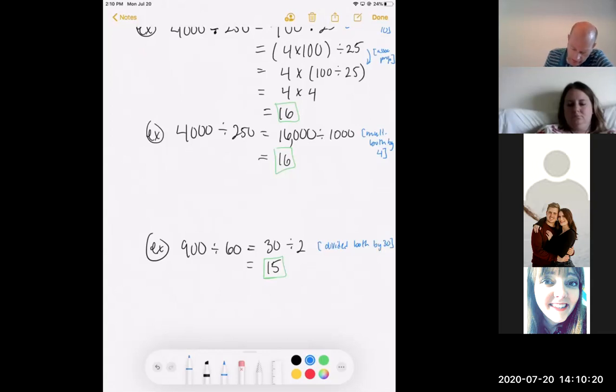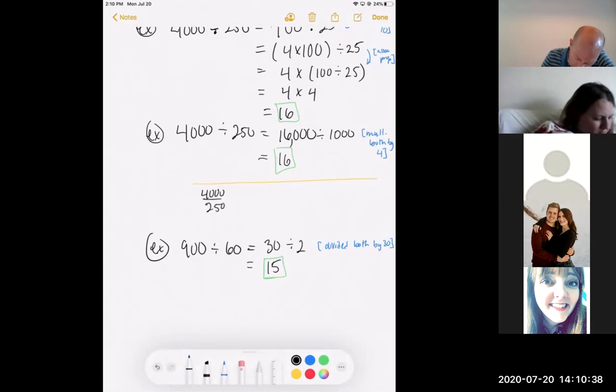So I mentioned before equivalent fractions. For this first example, we did 4,000 divided by 250, which you can write as a fraction.